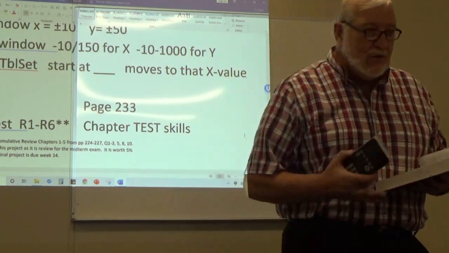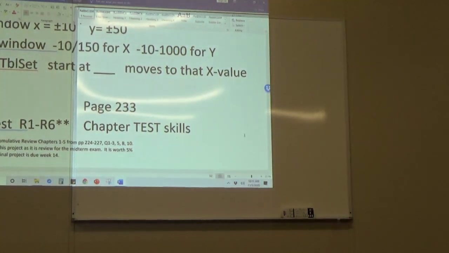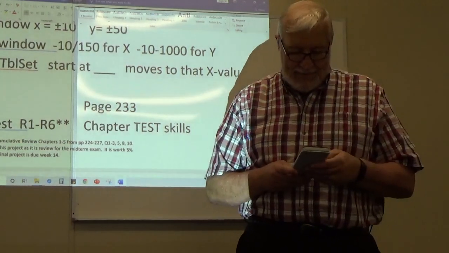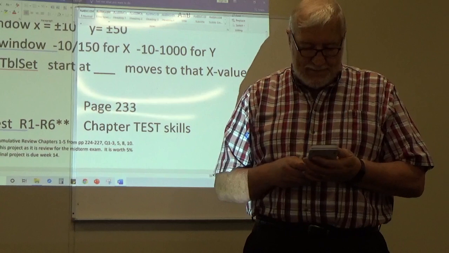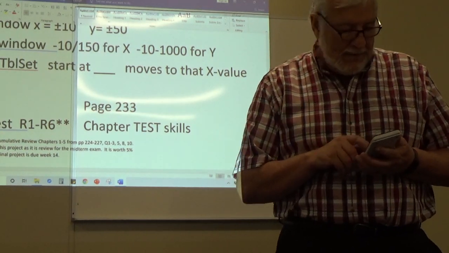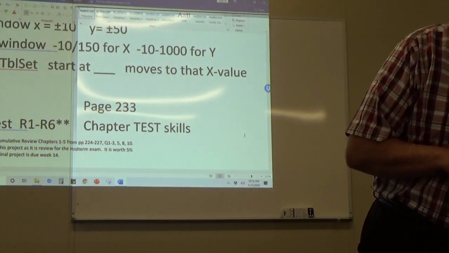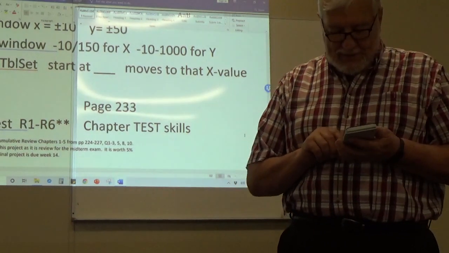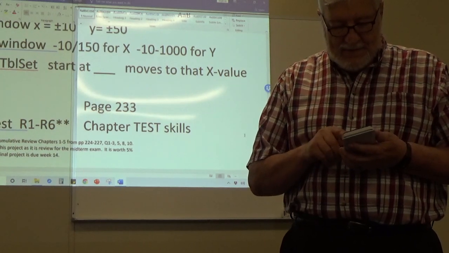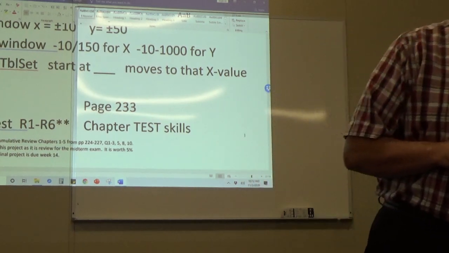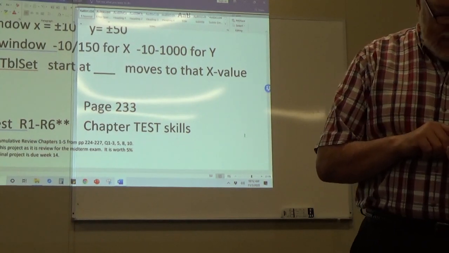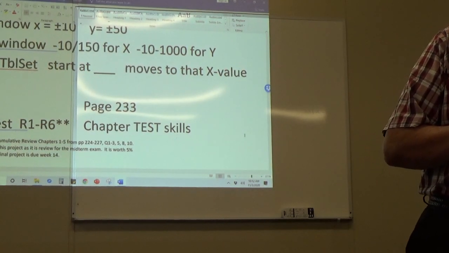Put those into stat. So you go stat, edit, and the x values are 20, 30, 40. That's not hard. And the y values are 440, 280, and 200.